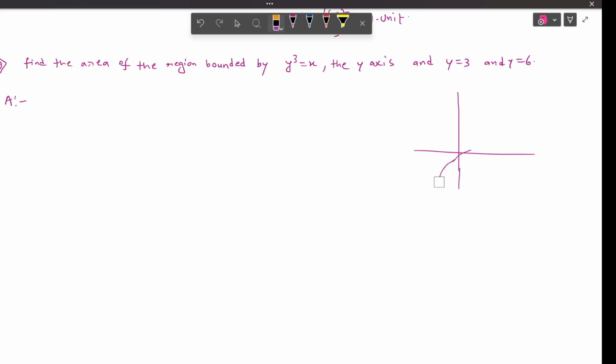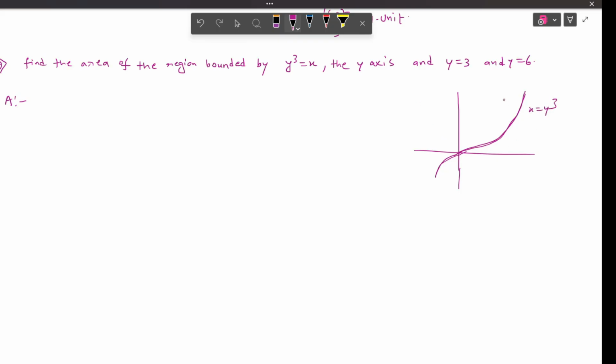Let me draw it clearly, otherwise you will be confused. This curve looks like this. Okay, this is the graph of x equals to y cube.